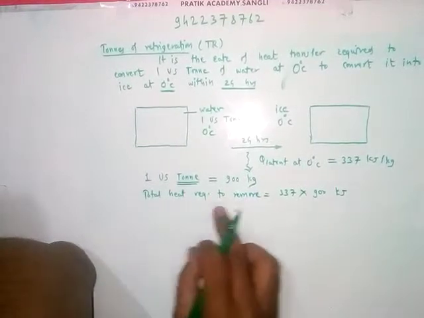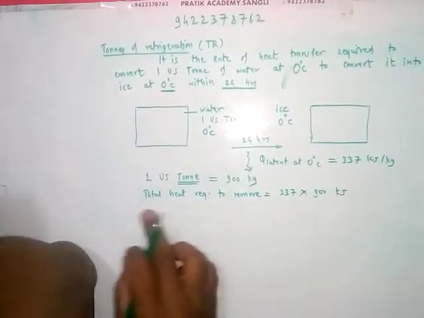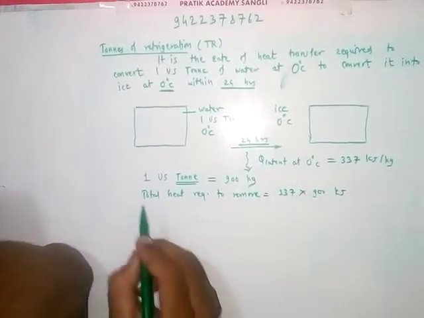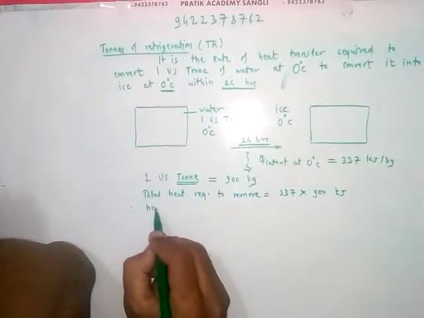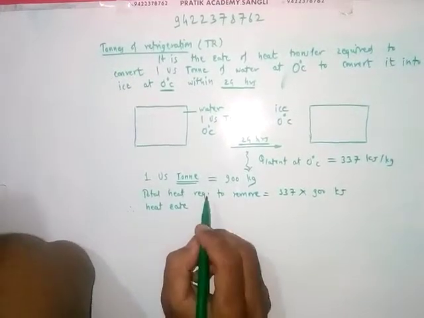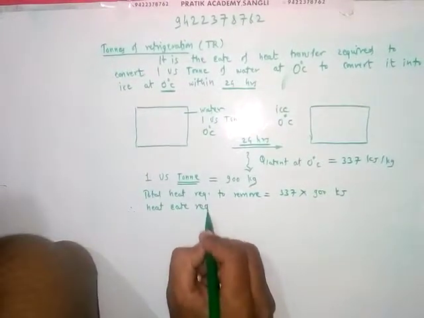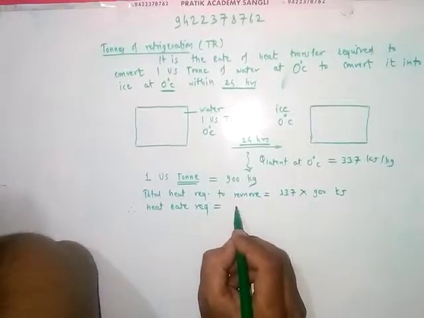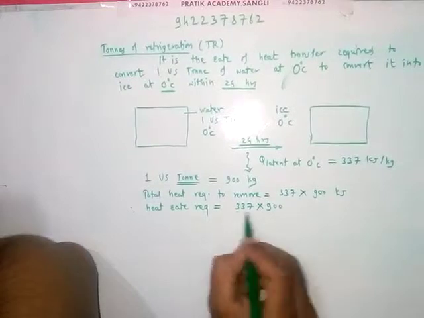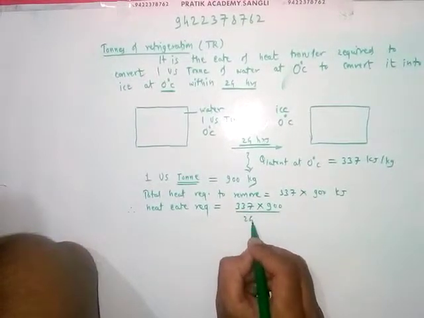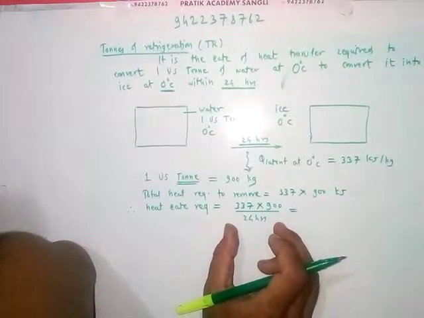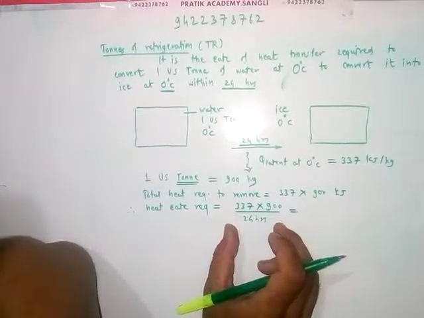Our target is not just to remove this heat, but to remove this heat in 24 hours. So the heat removal rate required is equal to 337 into 900 divided by 24 hours. Because we want this conversion in 24 hours.